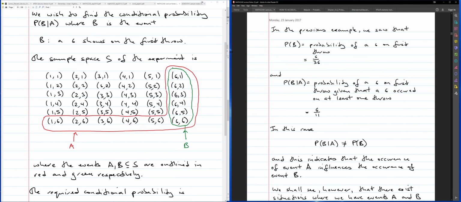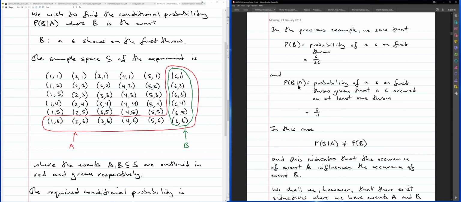So let's start to consider the idea of independence. Before we get a formal definition of independence, let's note what the probability of B is, which I just talked about. For the probability of B occurring, you have 6 outcomes in your event for B, so it's 6 on 36. And the probability of B given that A occurred is 6 on 11.